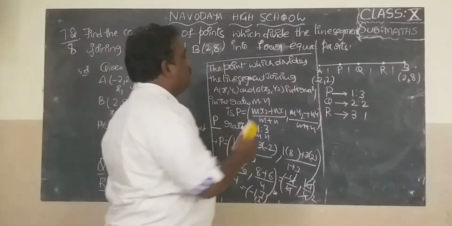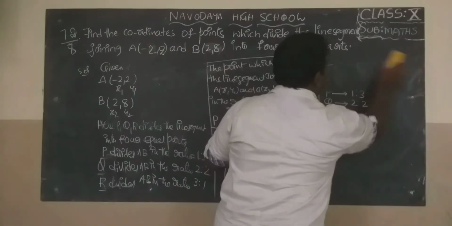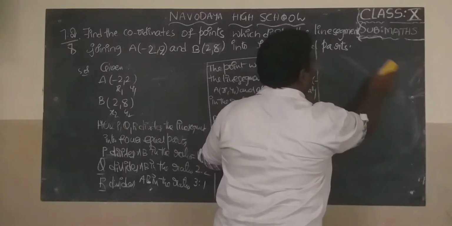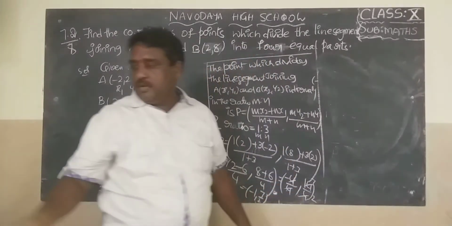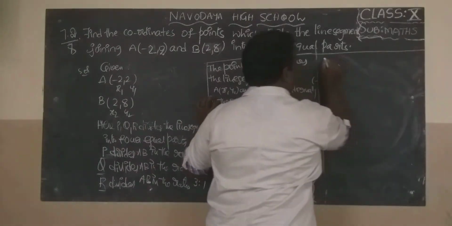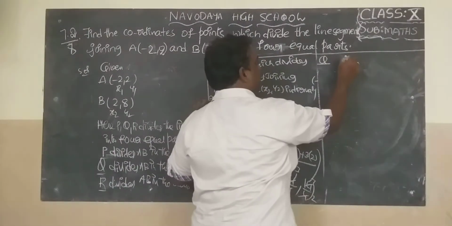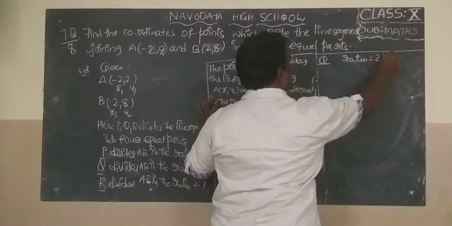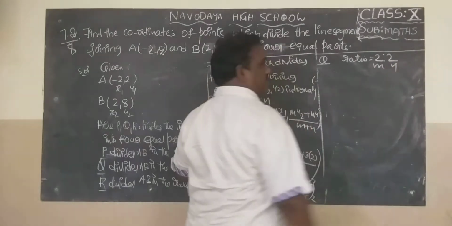Then Q. Q divides AB in the ratio 2:2, or we can write 1:1 also, no problem. Again this is m, n.